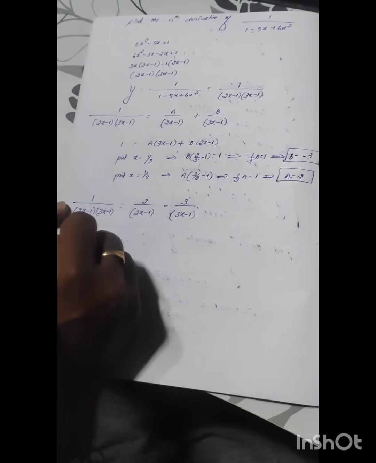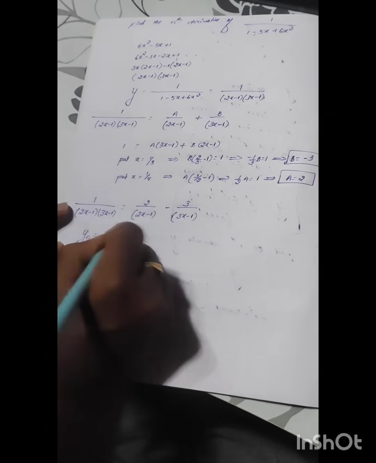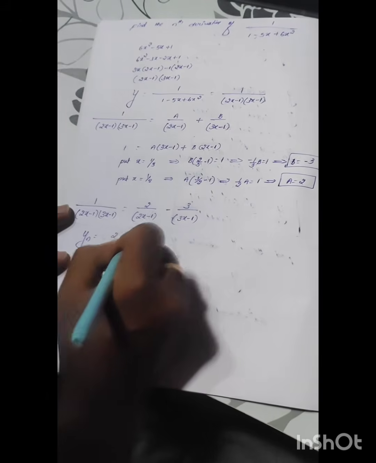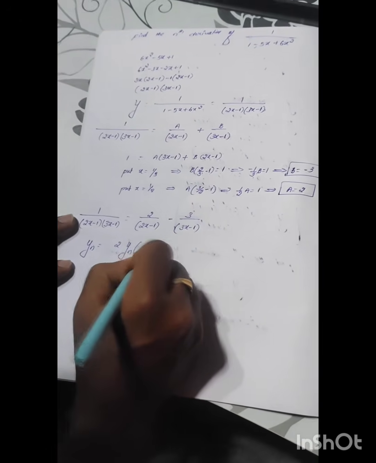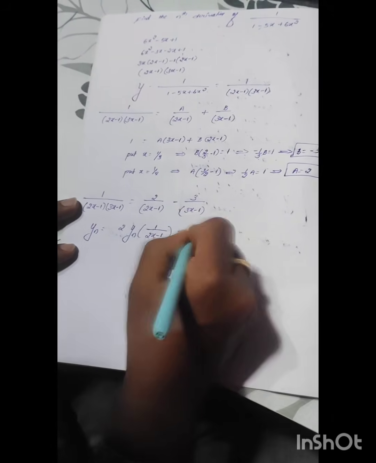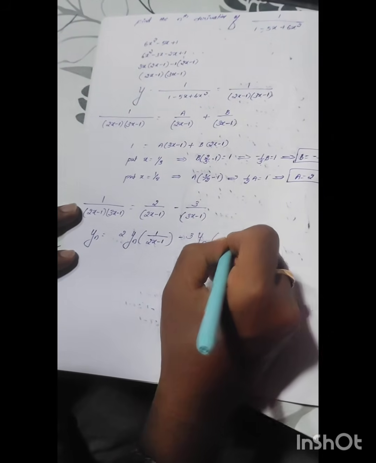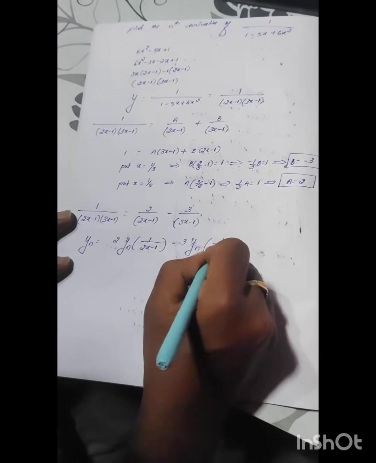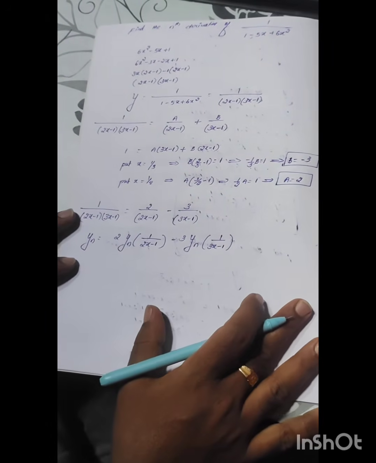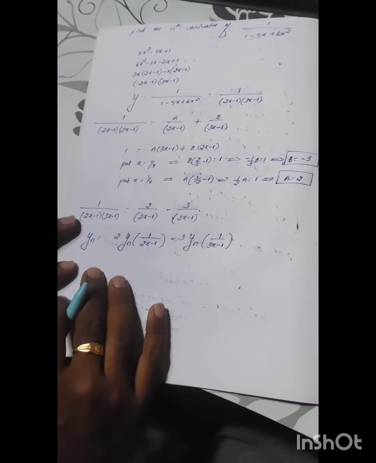So now yn will become, let me take the 2 outside, 2 yn of 1 over 2x minus 1 minus 3 into yn of 1 over 3x minus 1. Now let me directly apply the formula here.